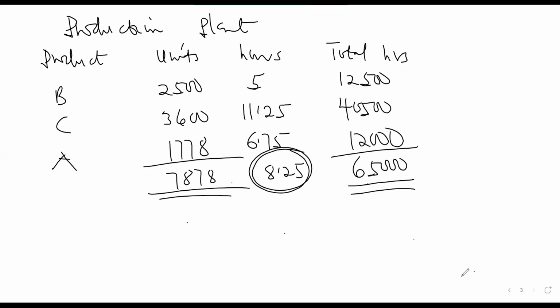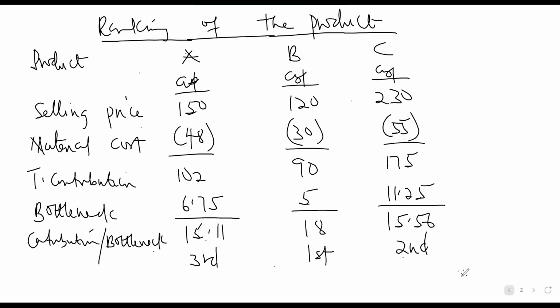Okay. Yeah, Makafi, your hand is up. So I'm a little confused about the way we did this one, because when we're doing the ranking of the products, we ranked C first, A second, and then B third. Which one? Are you talking about this particular product?